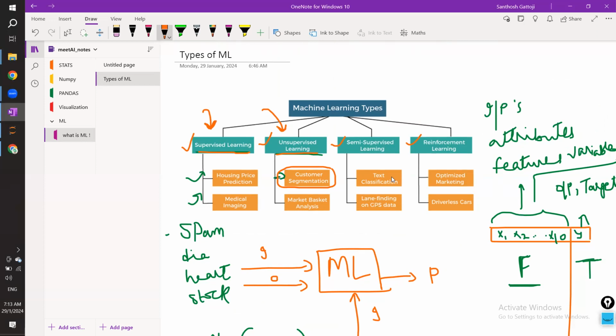If you take Amazon, it will segregate every user who visits into different categories, based upon his previous purchases, his wish list, or his personal data. So what is the age of this person, what type of person this is, whether he's a kid, whether he's an adult, whether he's a frequent buyer or an occasional buyer, whether he is a seasonal buyer, that means only when there are discounts will he buy.